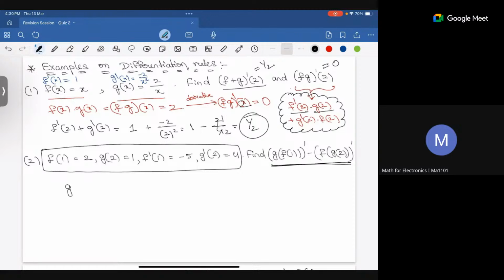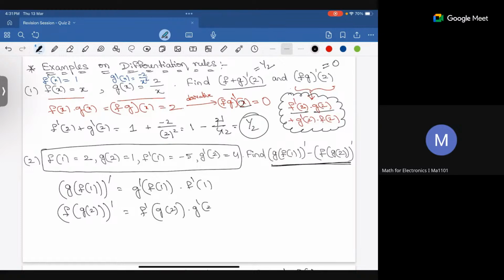So this is the whole derivative of g of f of 1. This is g prime of f of 1 times f prime of 1, using the composition rule. And again, the whole derivative of f of g of 2 is f prime of g of 2 times g prime of 2.